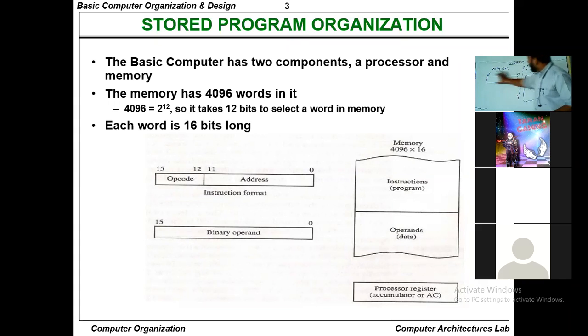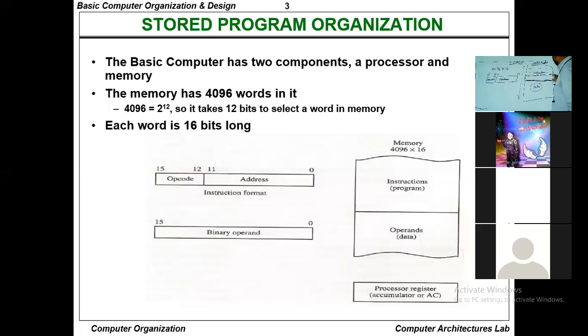So this 0 to 15 instruction is divided into various parts. Here we will divide it into 0 to 11 and 12 to 15. This means 0 to 11 bits represent address, and 12 to 15, which means 4 bits, represent operation code. Okay.